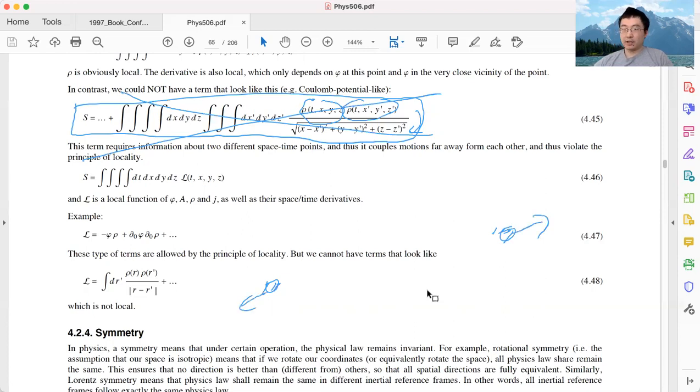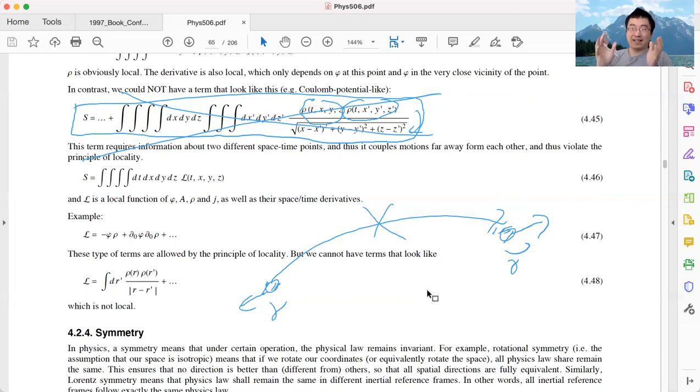So the charge in one area will have a long range impact on some charge in places far away. This is actually a violation of the principle of locality. Coulomb's interaction is a so-called instantaneous interaction. If I move my charge here, the other charge will immediately know the Coulomb force is changing. So that one is prohibited by the principle of locality.